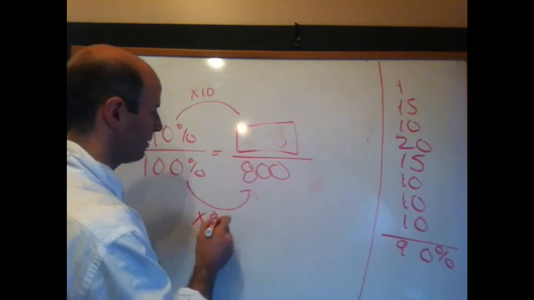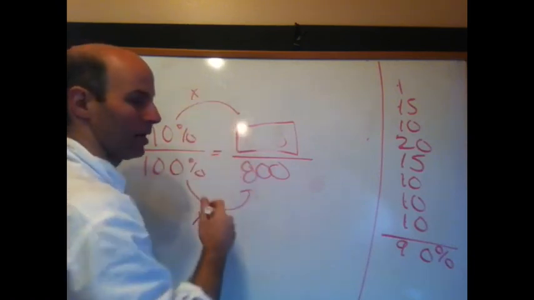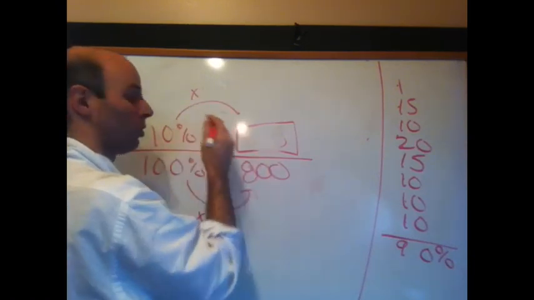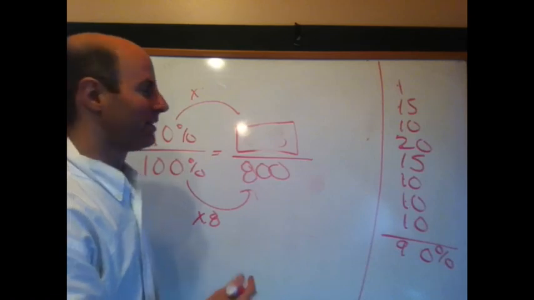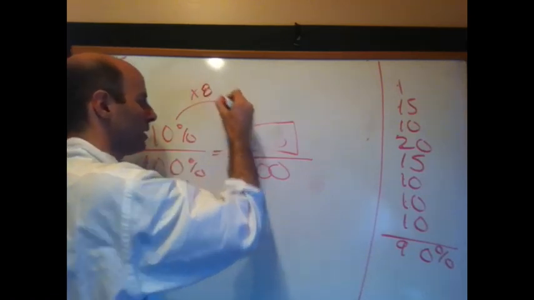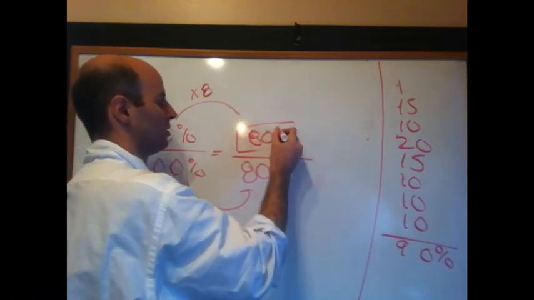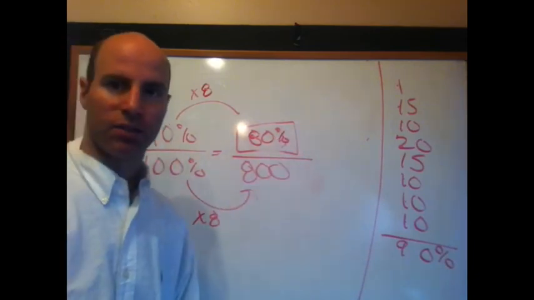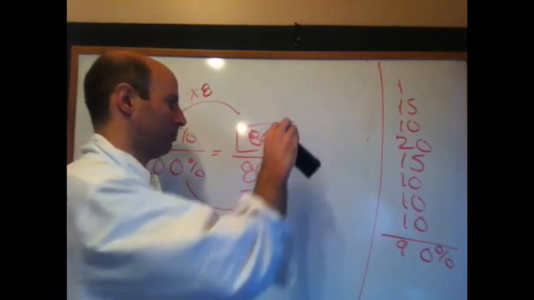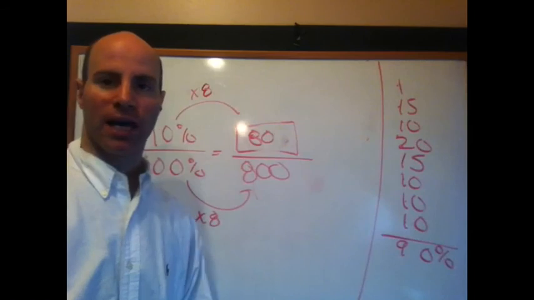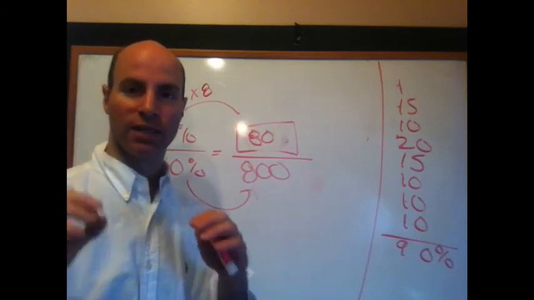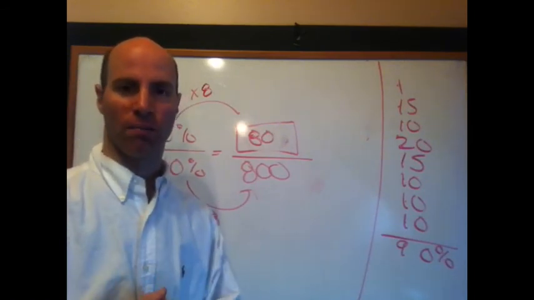So again, 100 times 8 gets 800. What I do to the bottom, I have to do to the top. It's only fair, right? 10 times 8 would get me 80. So roughly 80% of this, or 80 students out of 800 were not active in either dance, economics, or math.